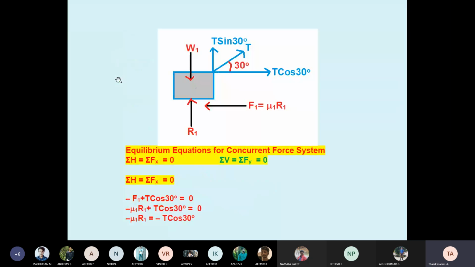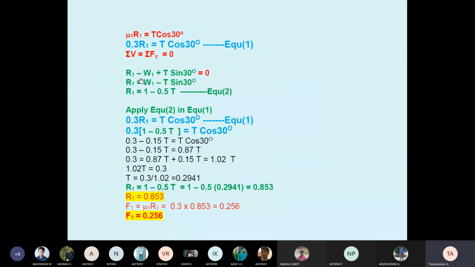What are the vertical forces? R1 minus W1 plus T sin 30 equals 0. Therefore R1 equals W1 minus T sin 30. What is sin 30? 0.5. W1 is the weight of block A, 1 kilonewton. So R1 equals 1 minus 0.5 T, which is equation 2.